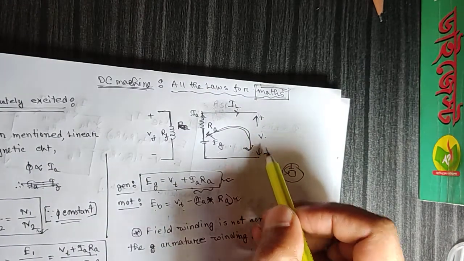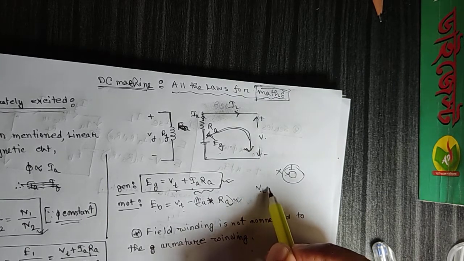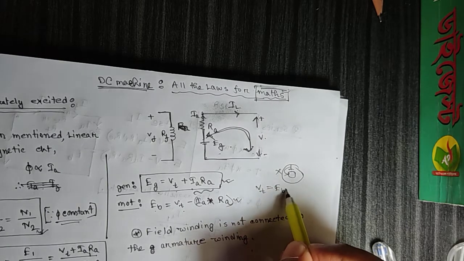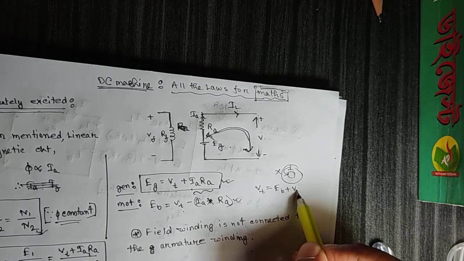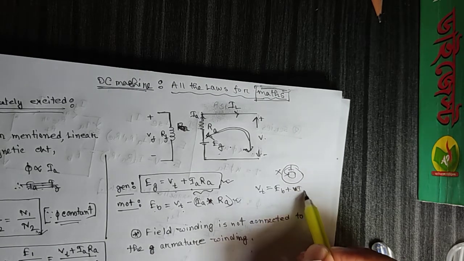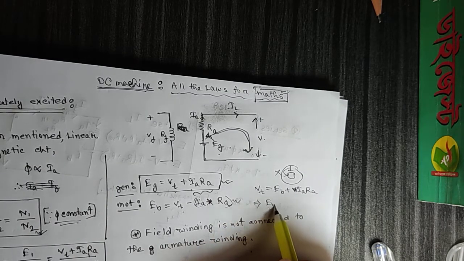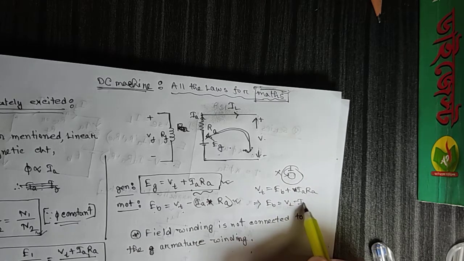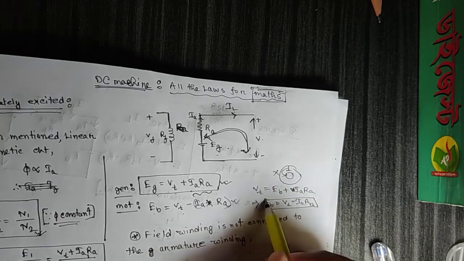The terminal voltage you can write in this way: the terminal voltage drop is equal to back EMF plus the drop in the armature side. The drop in the armature side is equal to Ia Ra. From here we can write back EMF equal to terminal voltage Vt minus Ia Ra. This is the separately excited DC motor's equation.